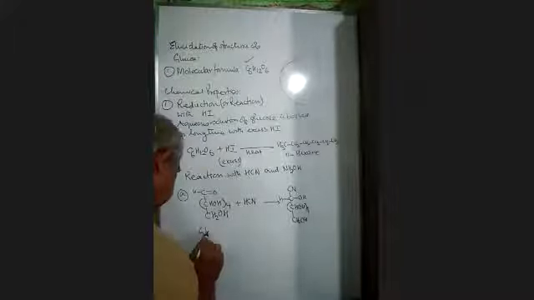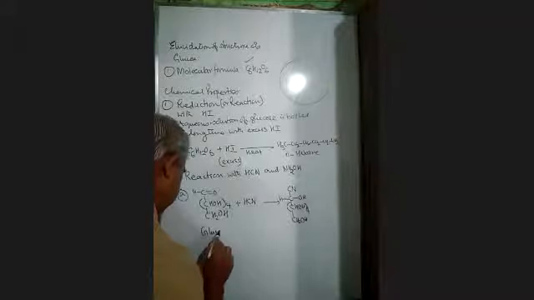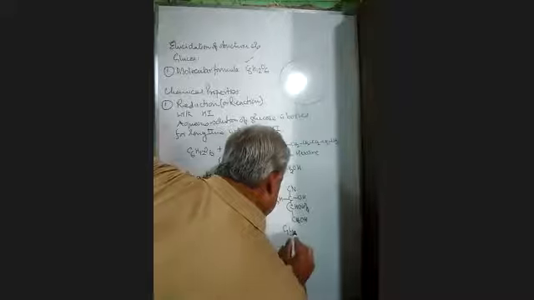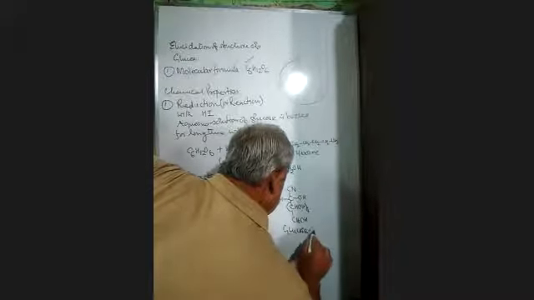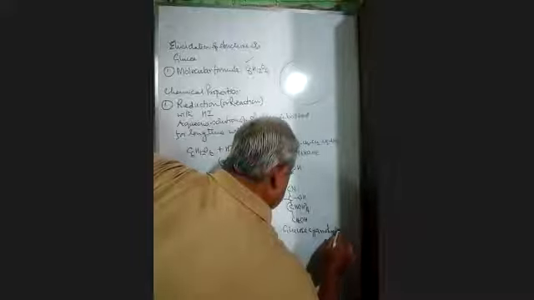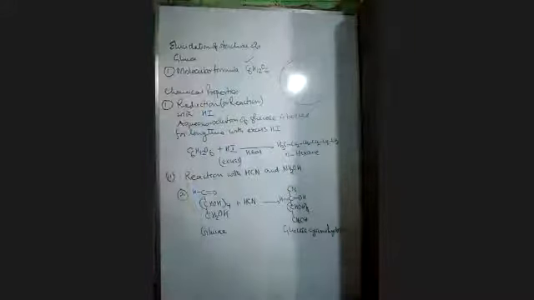So here you have written glucose and you get the cyanohydrin of glucose. Please write.